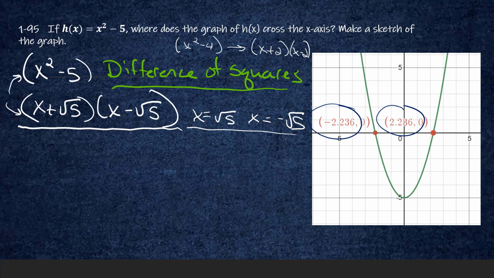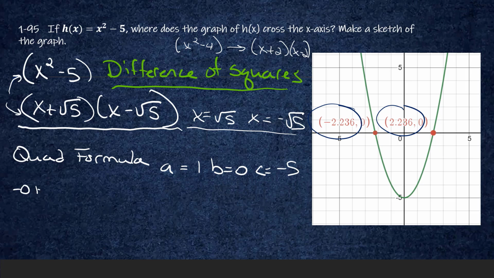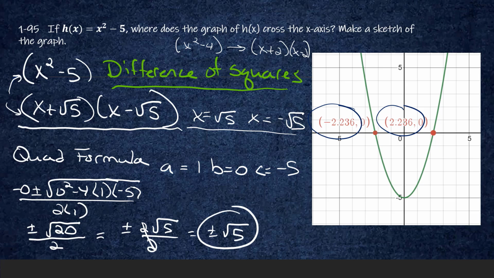Another way you can do this one, because it's not easily factorable unless you're thinking along the lines of what I just explained, is to use the quadratic formula. So let's do that. On this one, my a equals 1, b equals 0, and c equals -5, so it makes it somewhat simple to solve because you're not having to deal with much with the zeros.